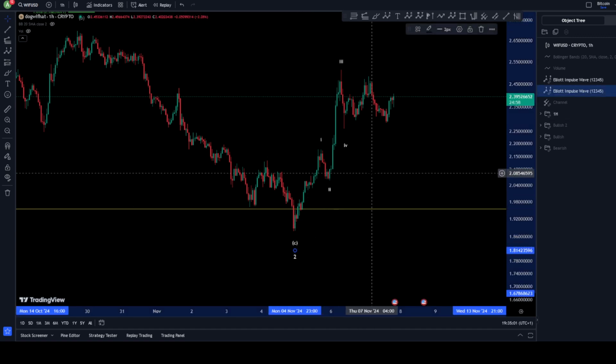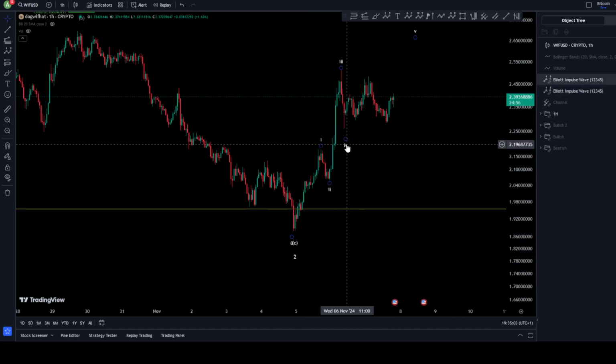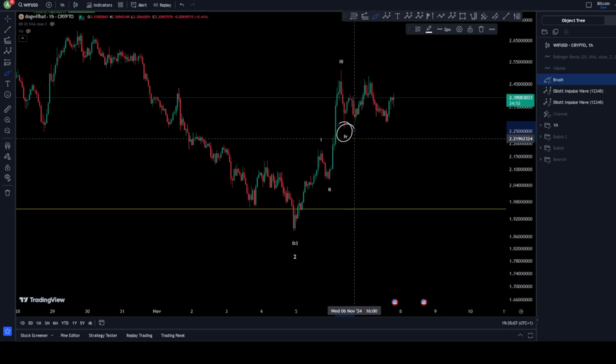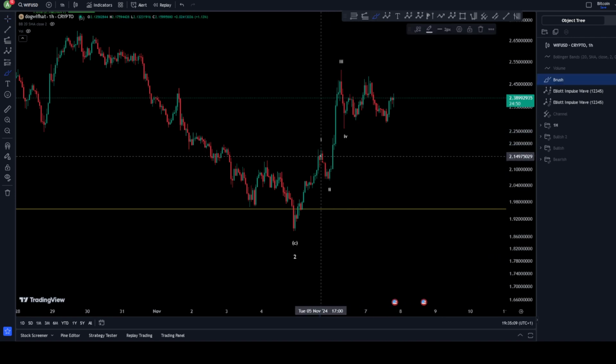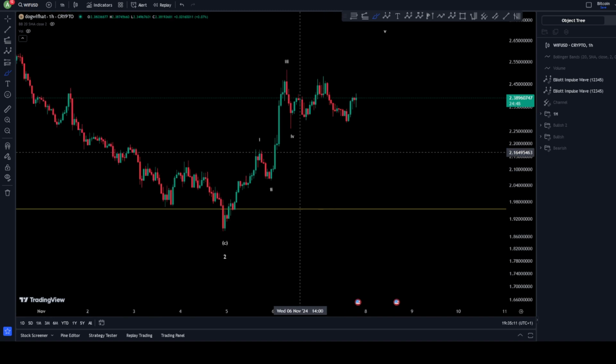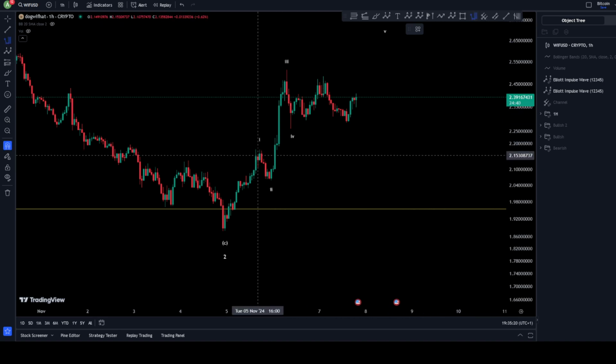Here we go. So questionable is whether a wave 4 is finished or not yet, because your wave 4 looks shorter than your wave 2.